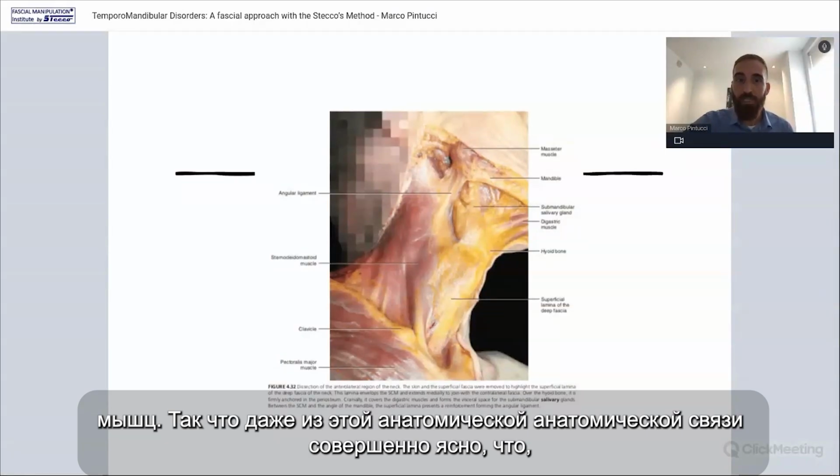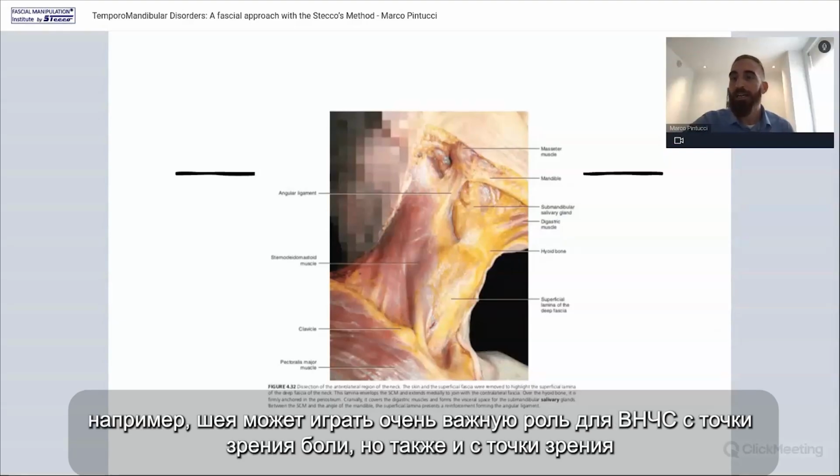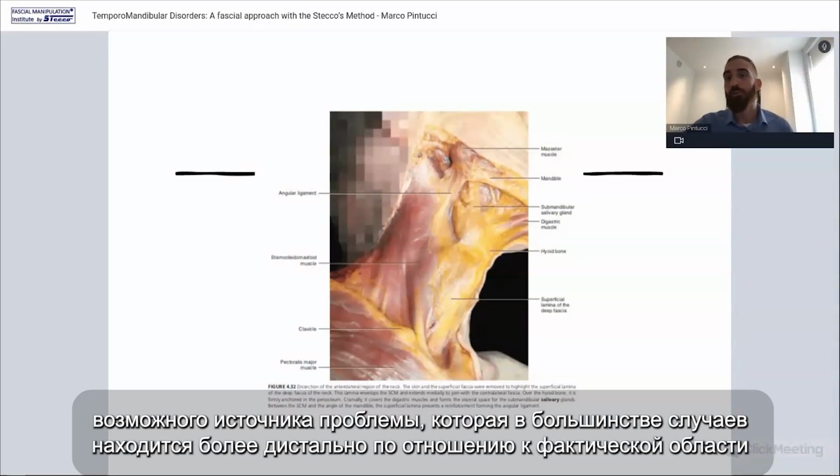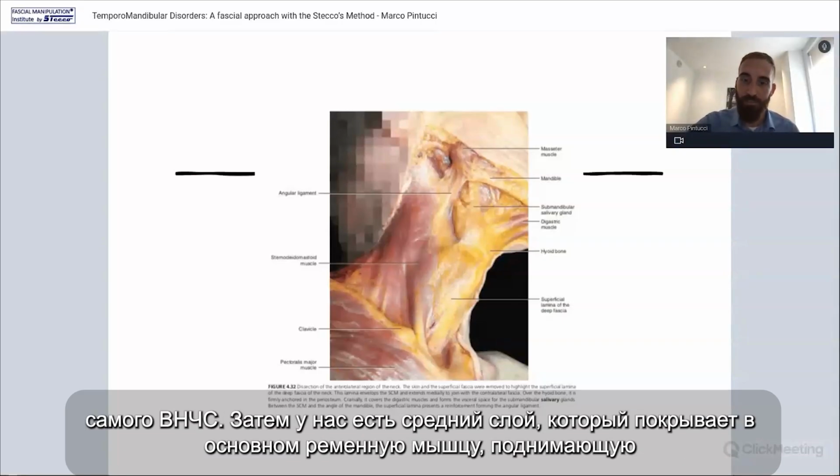So even from this anatomical connection, it's quite clear that, for example, the neck may play a very important role for the TMJ in terms of pain, but also in terms of possible origin of the problem, which most of the time is more distal to the actual area of the TMJ itself.